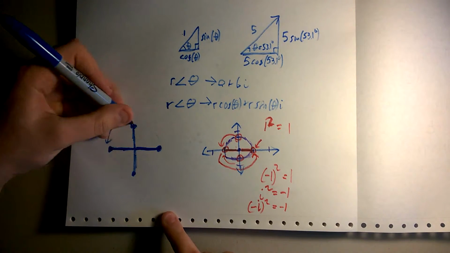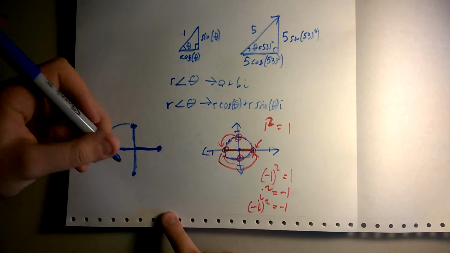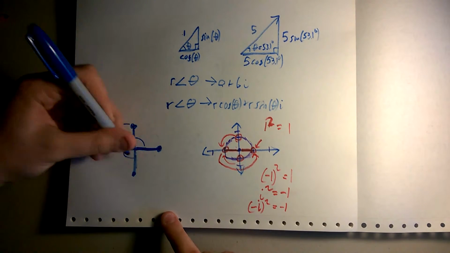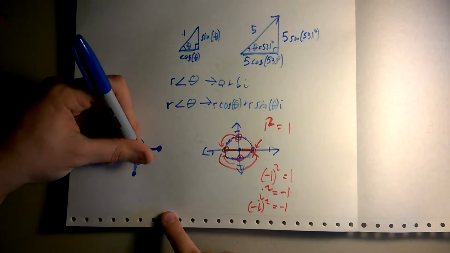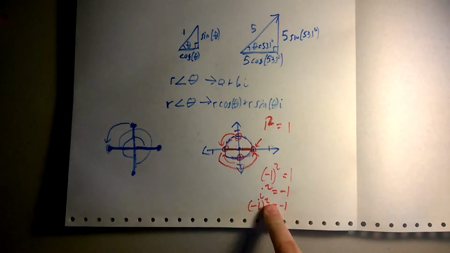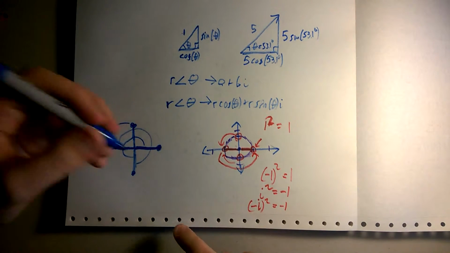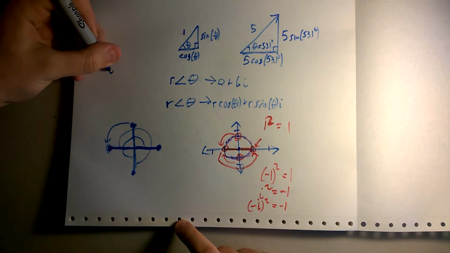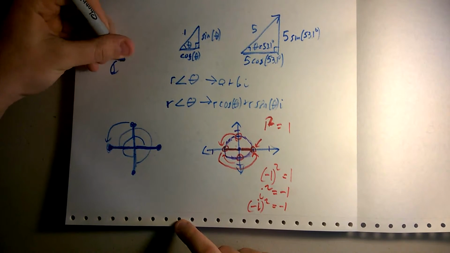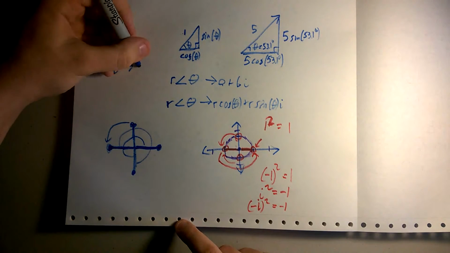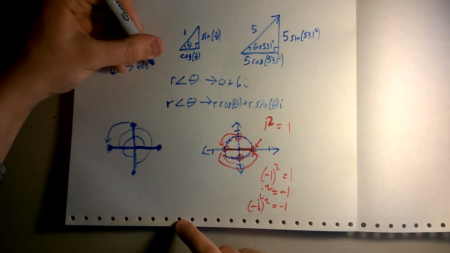Or you can think of it as 90, 90, 90, 270. If you take this whole angle and add it to itself, it brings you to this point. So this is telling you that if you take a complex number and you square it, that's the same as adding its angles together.